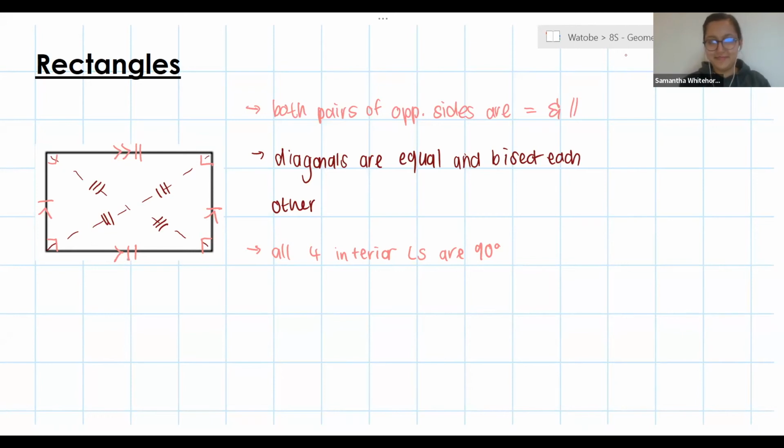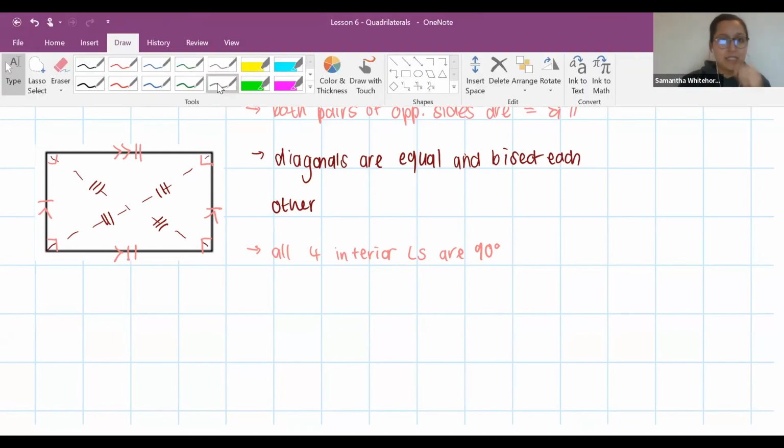Ma'am, can I add on to that? So ma'am, I say that also the properties of a rectangle is that they're perpendicular. I don't know if you wrote the same thing. Okay, so when you say perpendicular, do you mean that the 2 adjacent sides are perpendicular? Yes. Absolutely. So guys, if that's the way you're learning the 90-degree angles, that's fine.